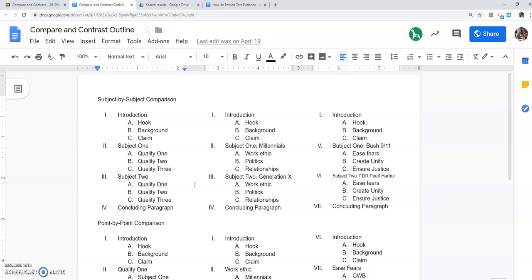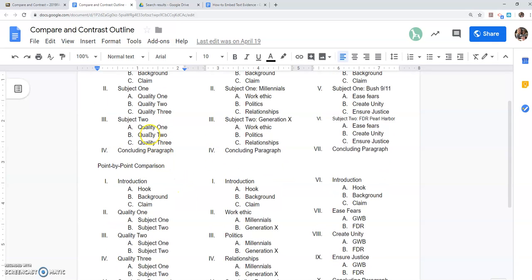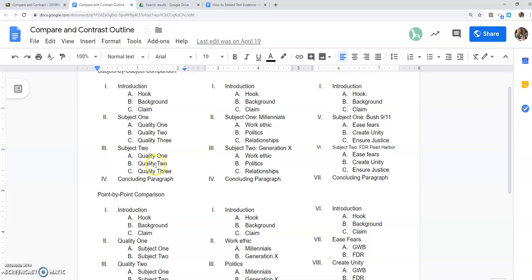This is probably the easiest way, and in this type of essay, subject 1 is in 1 paragraph all by itself, and the focus is just on that one subject. It is broken down by qualities, certain elements or characteristics, and then subject 2 is in the second paragraph, so really it's just an easier structure where you focus on one subject at a time.